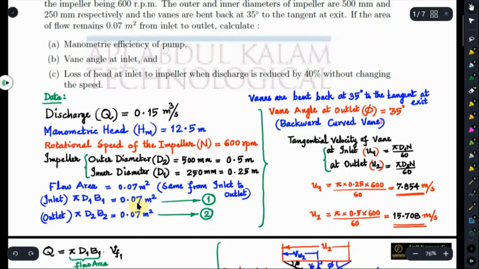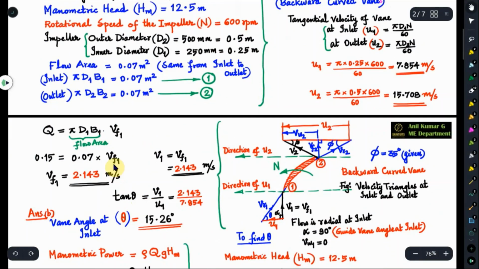So the flow area multiplied by the flow velocity. Here flow area pi D1 B1, collectively it is given 0.07 multiplied by Vf1, that is velocity of flow at inlet. So from this you will be in a position to calculate the velocity of flow at inlet. What is velocity of flow at inlet? Vf1 is actually the radial component of the absolute velocity of the liquid at inlet to the vane, impeller vane.